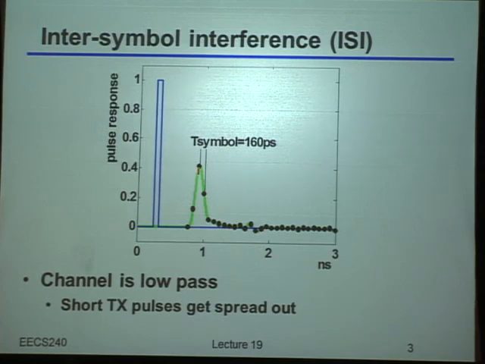So, just from a terminology standpoint, the value that you get at that point, which is essentially the largest one, is typically what's referred to as the cursor. And I'm going to call it the cursor for the following reason.